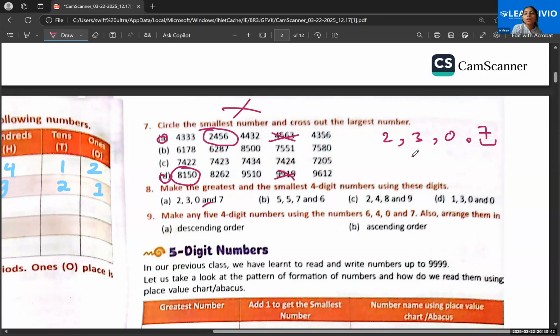Out of these 4, 7 is the biggest digit, so you will write 7 first. Then the number smaller than 7 is 3, then 2, and then the smallest is 0. So basically, from biggest to smallest, you'll write it down. Now this is the greatest number that I could make from these 4.